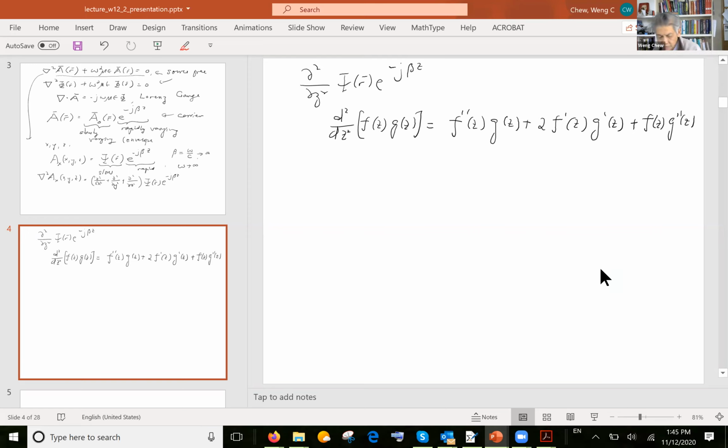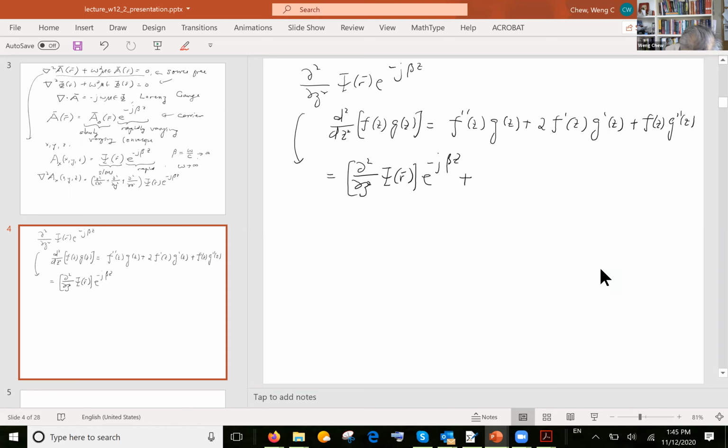We apply this rule we all know quite well, and this becomes equal to the second derivative of the first term, so partial squared, partial z squared of psi of r e to the minus j beta z.